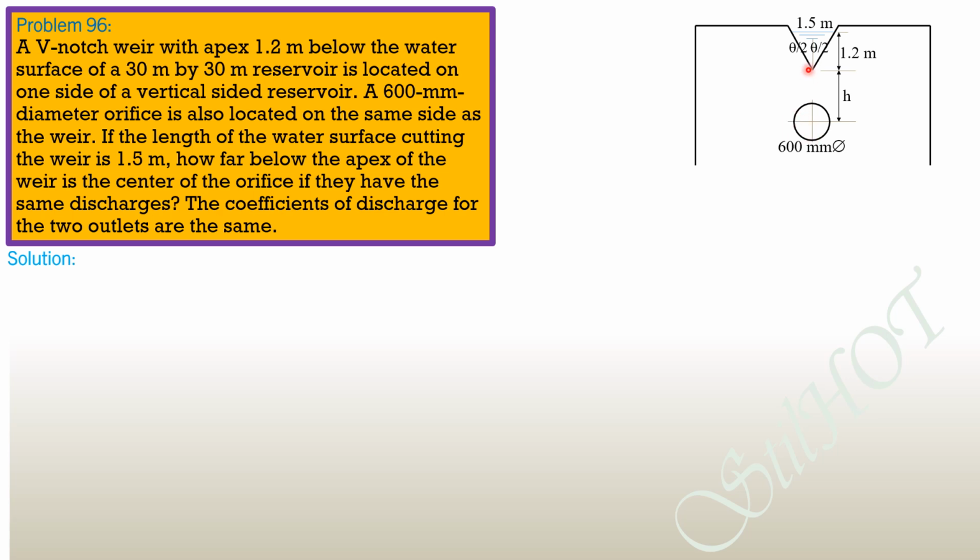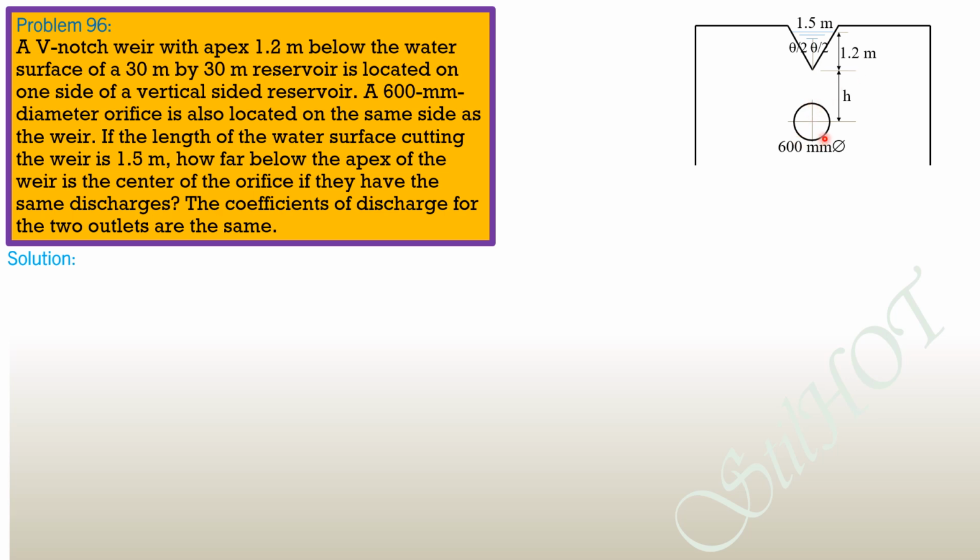The discharge formula for the V-notch weir is 8 over 15 times the coefficient of discharge, square root of 2g, tangent of theta over 2, which is in this case half of 1.5, so 0.75 over 1.2. Then the head over the weir is, let's call it big H, so big H to the 5 halves.